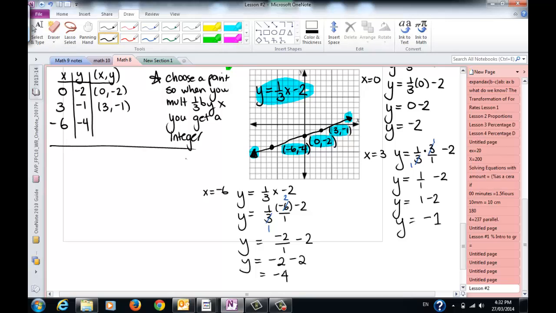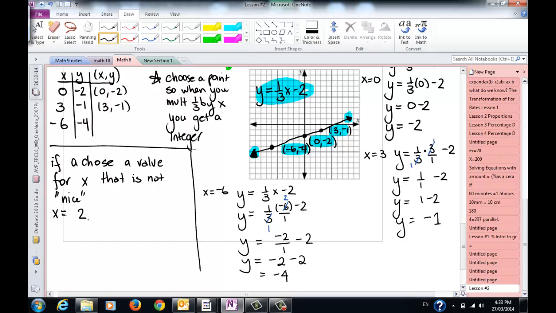So just as a little aside here, if I chose a value for x that is not nice, so when I multiply by 1/3, I don't get an integer. So for example, if x equals 2, then I'm going to get y equals 1/3 multiplied by 2 minus 2.